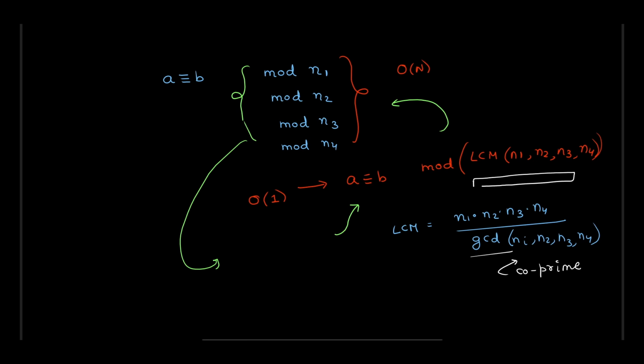And this thing that you see on the screen, where all the Nis are coprime, and you are looking to encode that information using their product, is nothing but the Chinese remainder theorem.